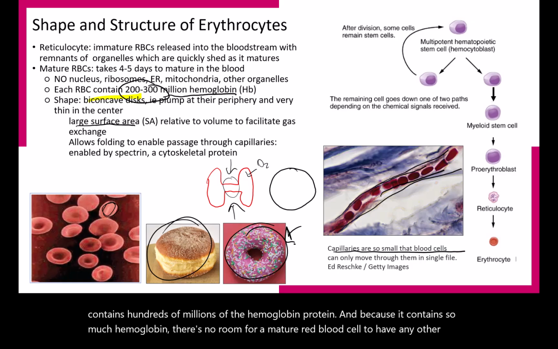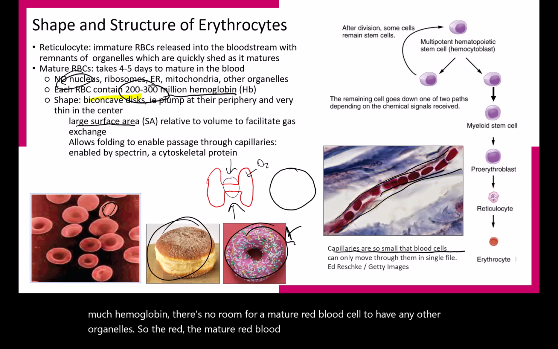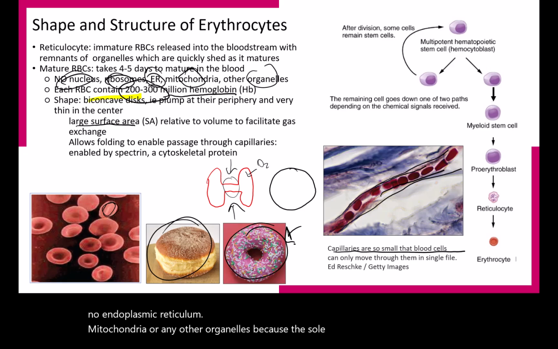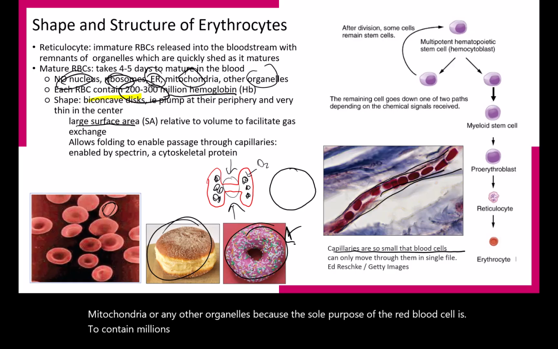So the mature red blood cell has no nucleus, has no ribosomes, has no endoplasmic reticulum, mitochondria, or any other organelles, because the sole purpose of the red blood cell is to contain millions of hemoglobin molecules so that oxygen can be transported, right? So it makes it a very efficient way of transporting oxygen.